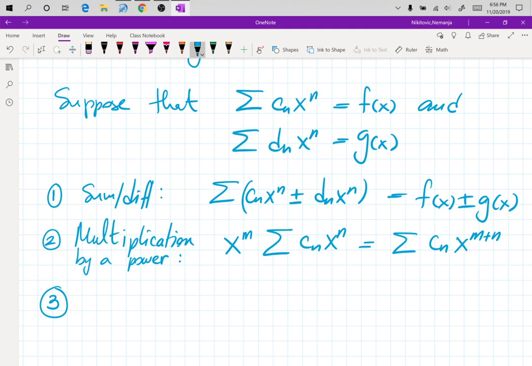Number three, the one that is important for 11.4 and where 11.4 begins, is function composition. This one allows you to have summation of Cn and then some kind of function h of x to the n.